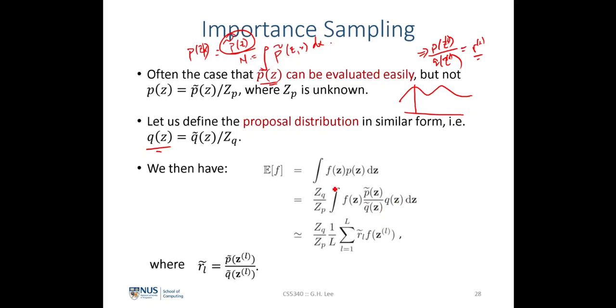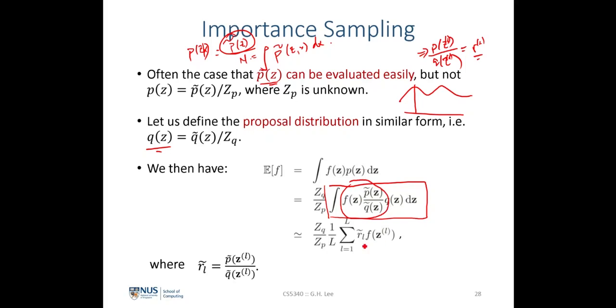So we'll factorize out the normalizers Z_Q as well as Z_P to the outside of the integral sign, and we can see that this form over here can be re-expressed as the summation over the L number of samples that we draw under our proposal distribution of Q, and we'll group this all together as our function.